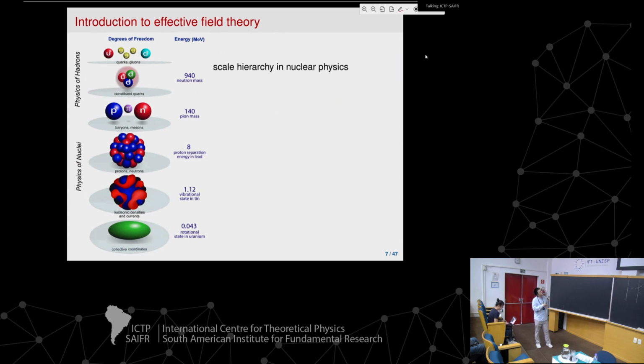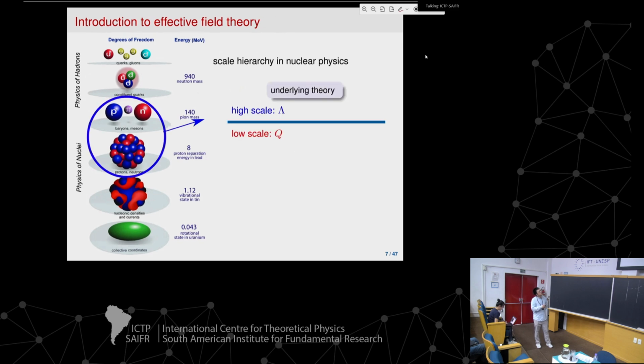You can see that for different energy scales, you can describe systems with different degrees of freedom. This gives you an idea about the separation of scales.